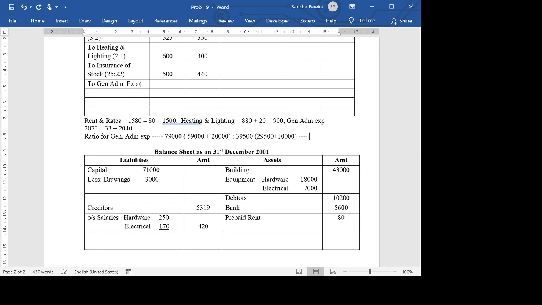The ratio will be 79,000 is to 39,500. We will get 2 is to 1.